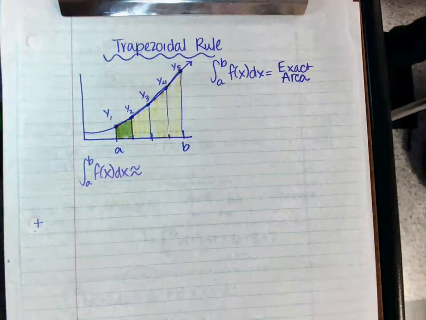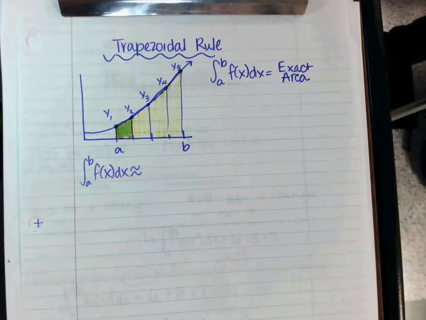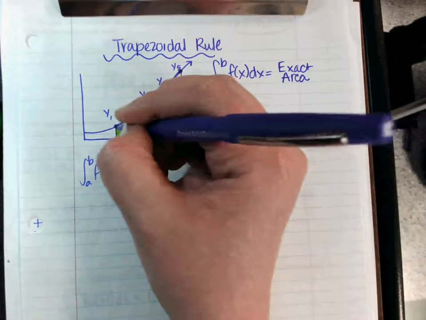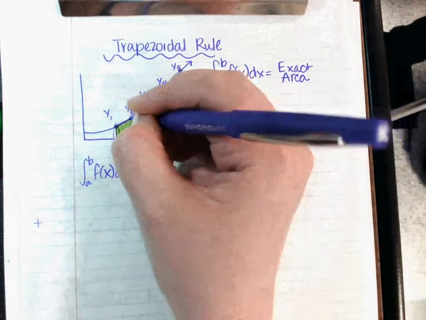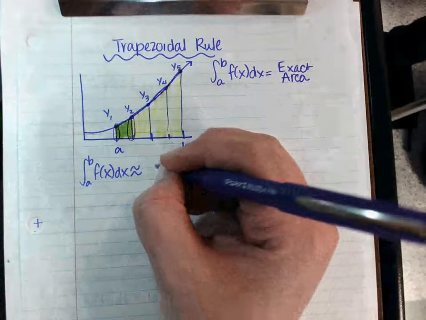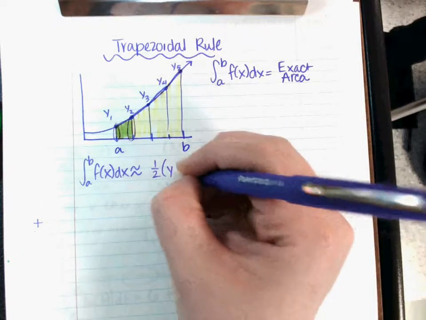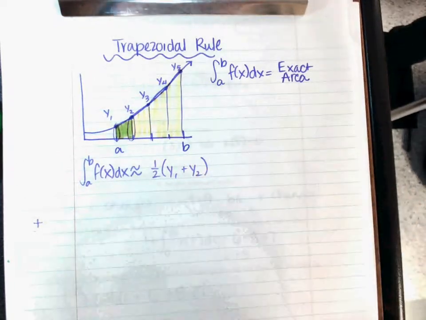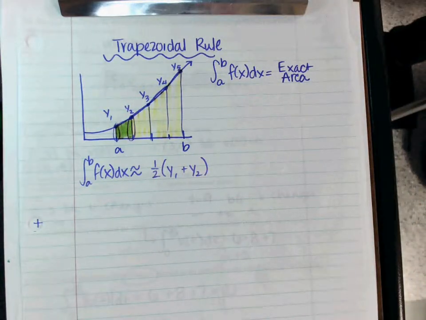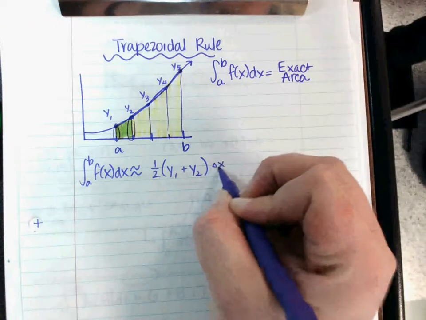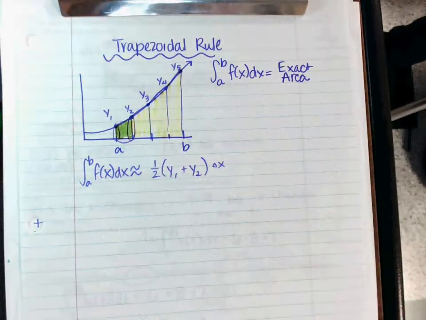They are going this way, because remember that your bases have to be parallel to each other. So this is base 1, this is base 2. So I'm going to do 1/2 y1 plus y2. And then remember that my height, since my trapezoid is sideways, is going to be called my delta x. So put a delta x here. That'd be this distance here across the bottom.